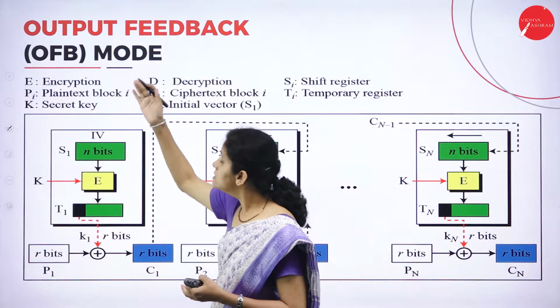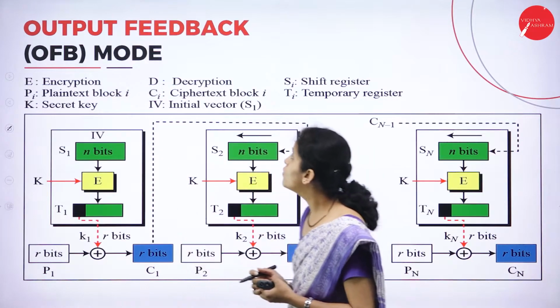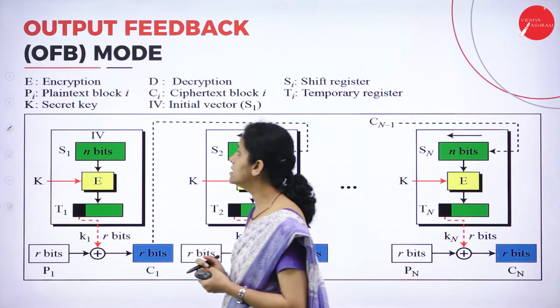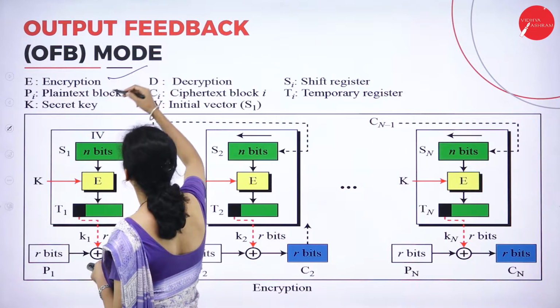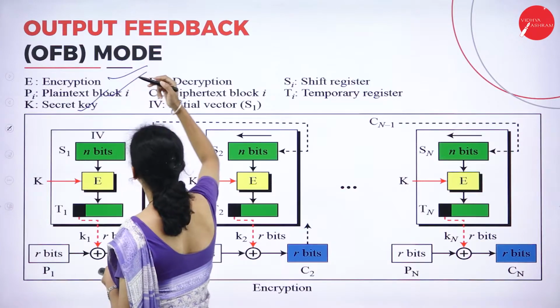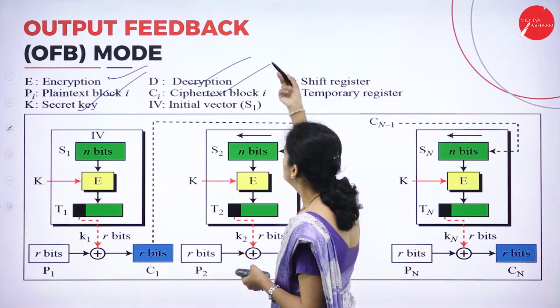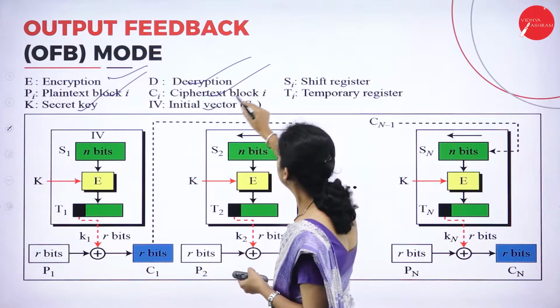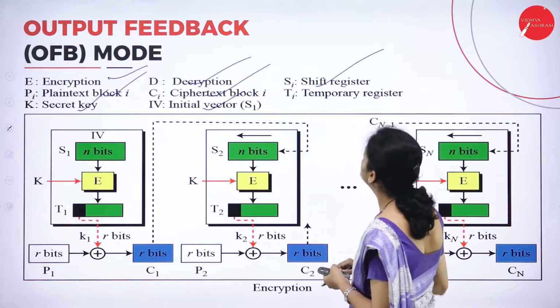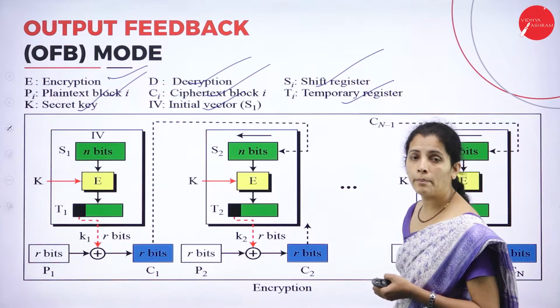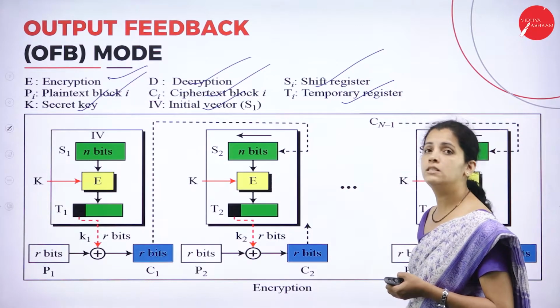So here this is the diagram for output feedback mode, and I'm going to have parameters like encryption, plaintext block, secret key, decryption, ciphertext, initial vector, then shift register and temporary register. These are the parameters I want to consider.